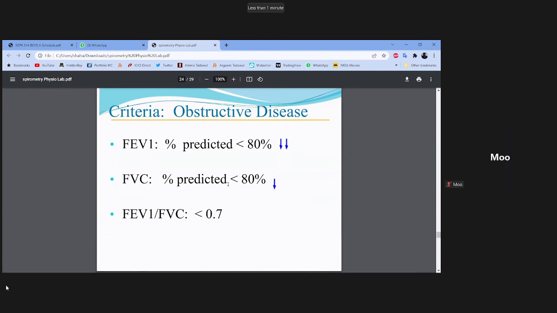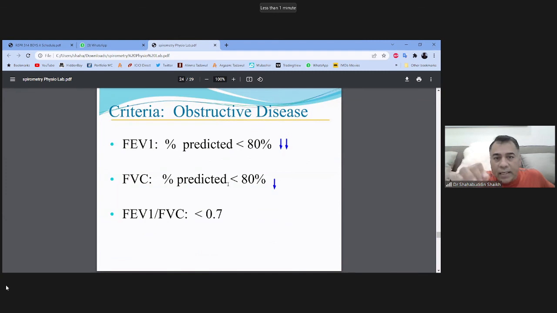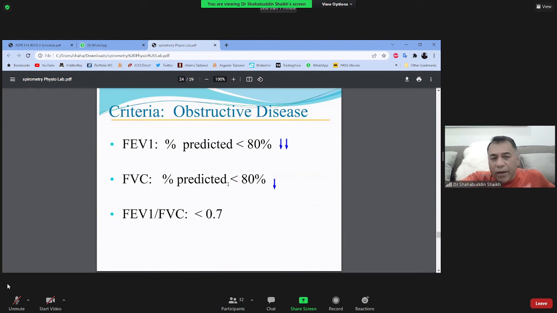So the point to remember for your exam is how to identify obstructive and restrictive disease. In obstructive disease, FEV1 will be very much less than normal, less than 70%, maybe less than 50%. FVC may be normal or slightly decreased.